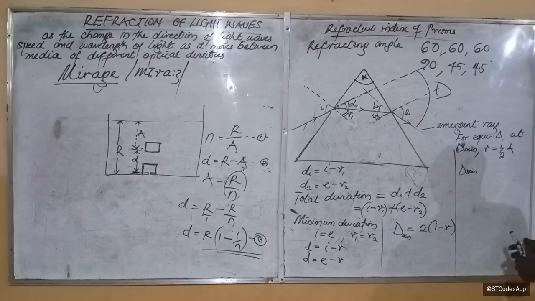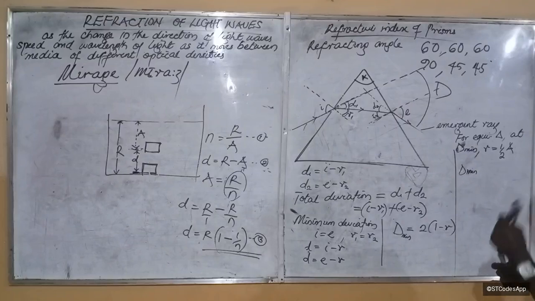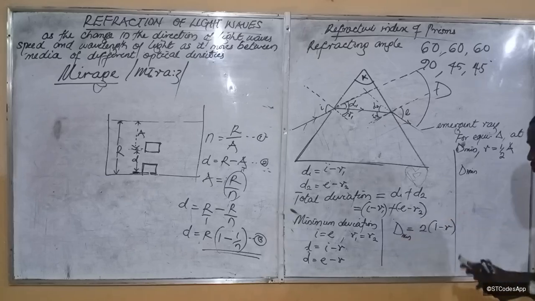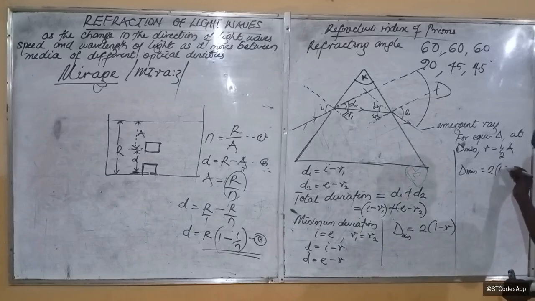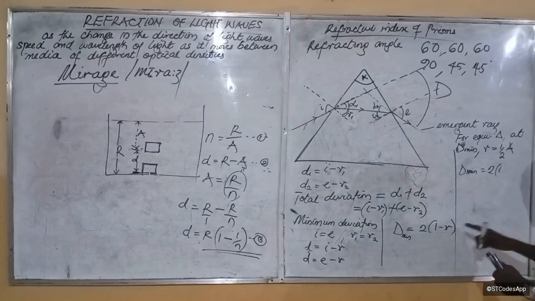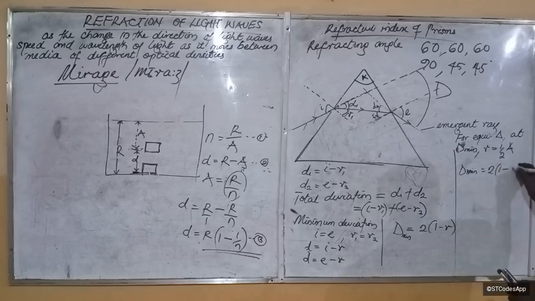I want to give you another expression, so let's rewrite this expression first. D minimum becomes 2 into bracket I minus, what is my R here? R is already A over 2. I hope this makes sense.